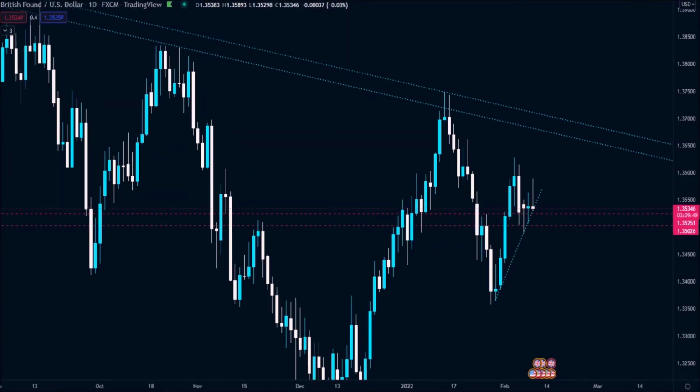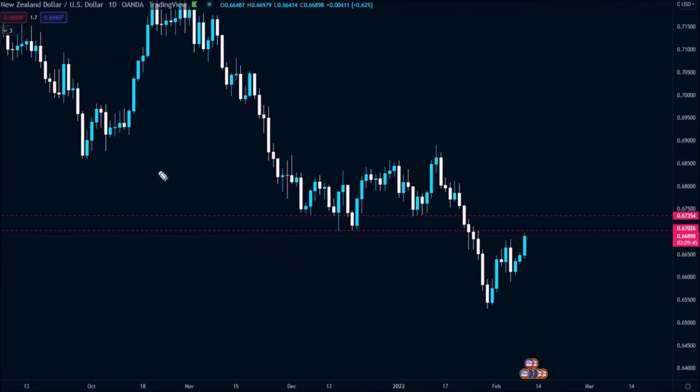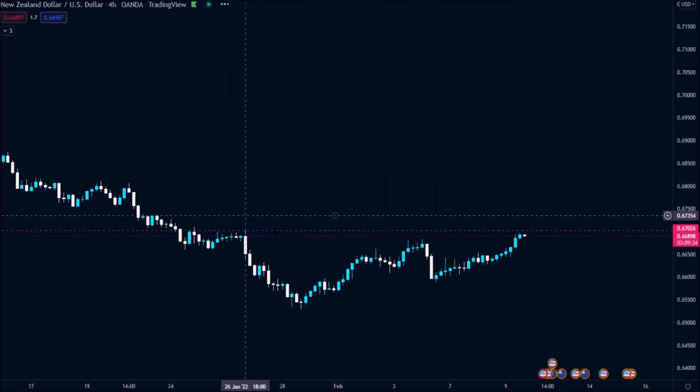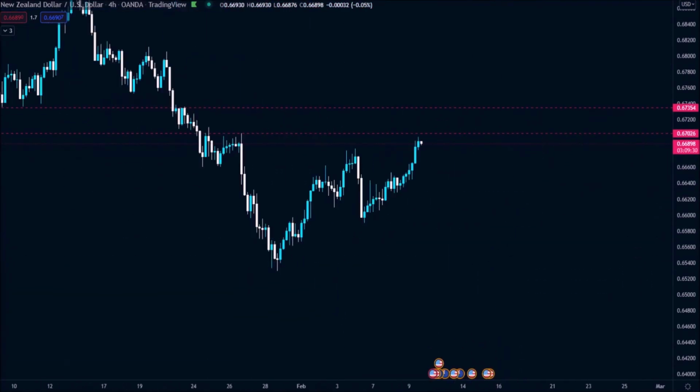Let's move to Kiwi, running into some higher time frame support. This is the daily chart: support, support, support, taking out highs into support. If we go down into the H4, we can also follow structure.